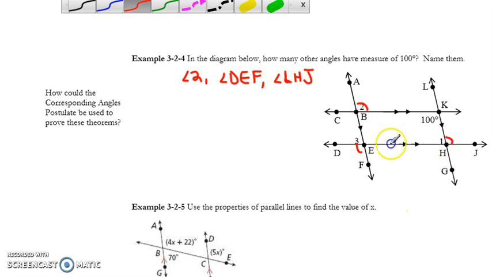This one right here, so EHG, that's 100. BEH. Okay, and maybe CBE. Those would all be 100.